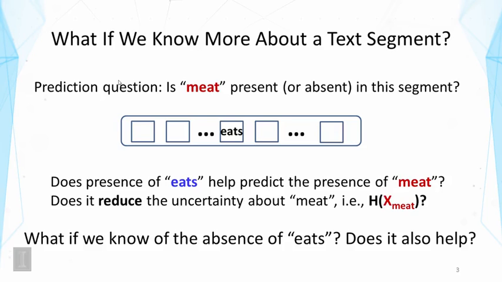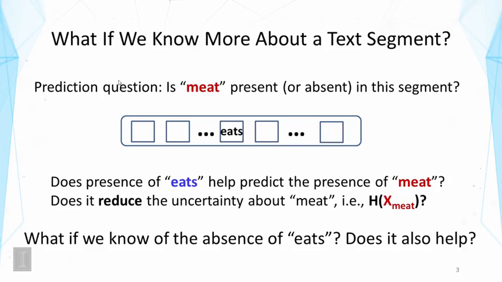And in particular, we want to know whether the presence of eats has helped us predict the presence of meat. And if we frame this using entropy, then it would mean we are interested in knowing whether knowing the presence of eats could reduce the uncertainty about the meat, or reduce the entropy of the random variable corresponding to the presence or absence of meat.